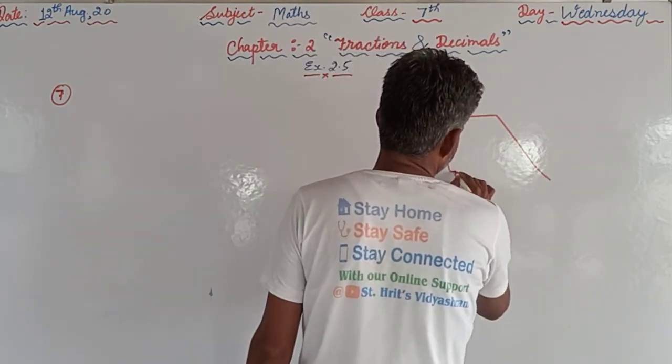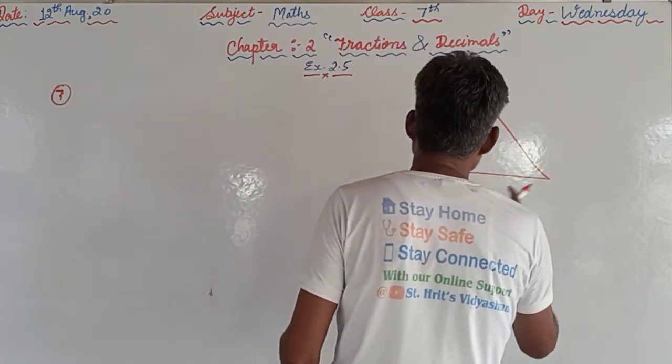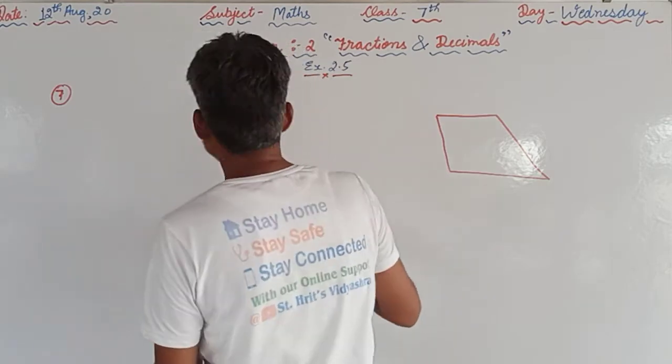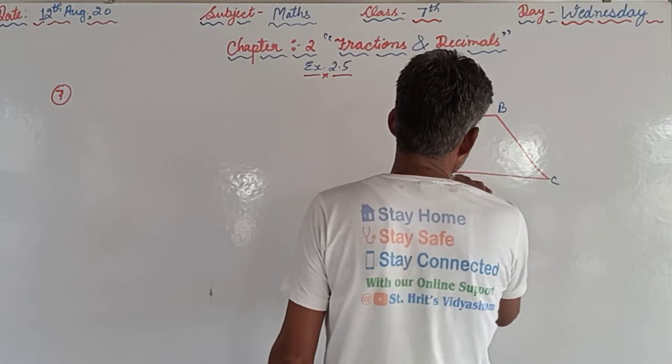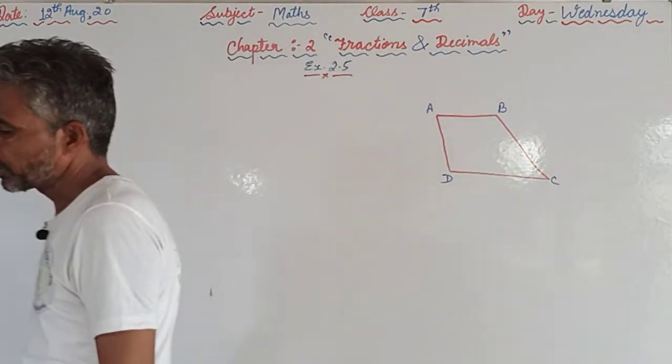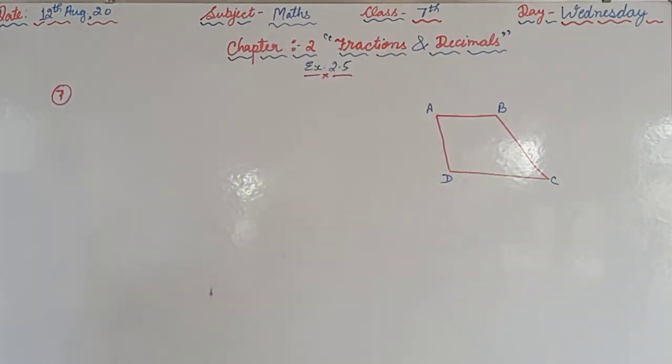One diagram is given in which the numbering is also done: A, B, C, D. In the question, distances are also given.